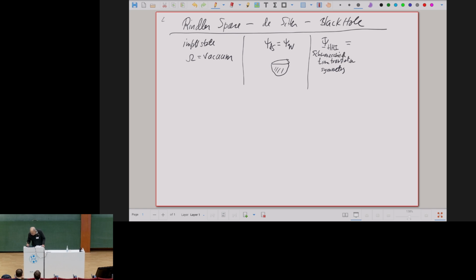It also has rotation symmetry. That's more trivial. But it also can be created, in a way I'll explain, by a path integral in half of the space. So that'll be the analog of this relation for de Sitter space and of the properties of the Minkowski space vacuum in the case of Rindler space.